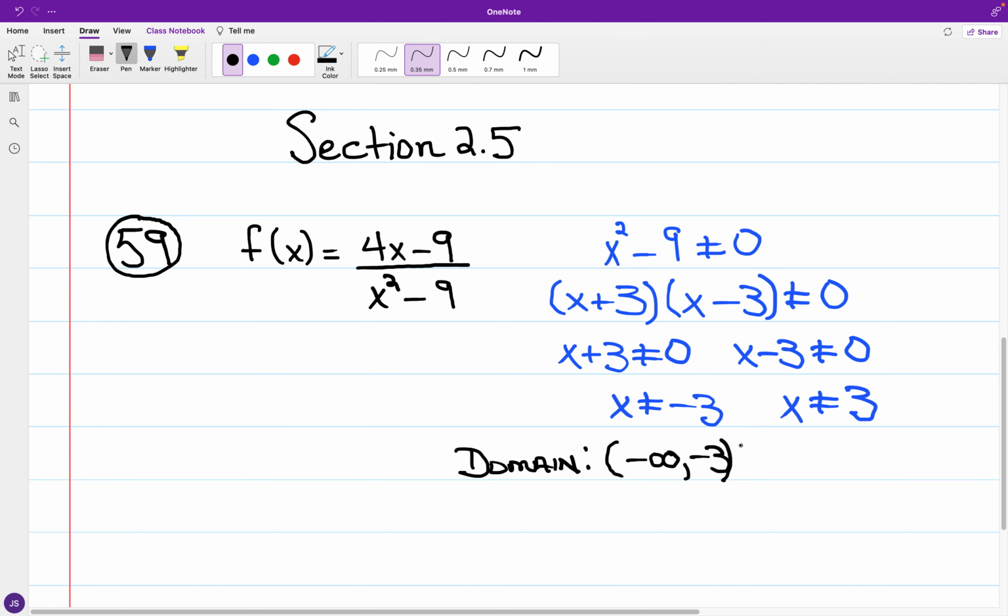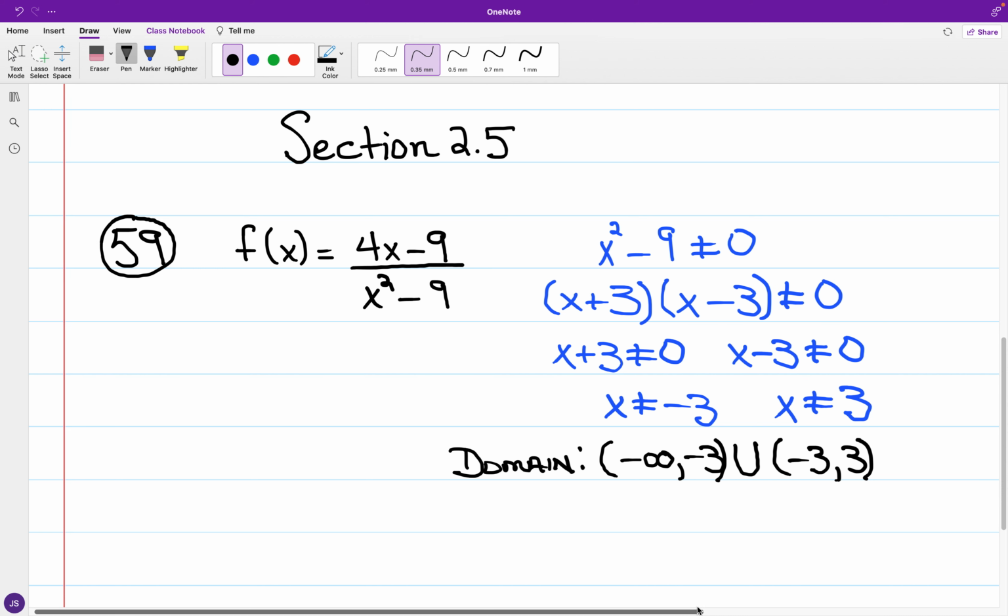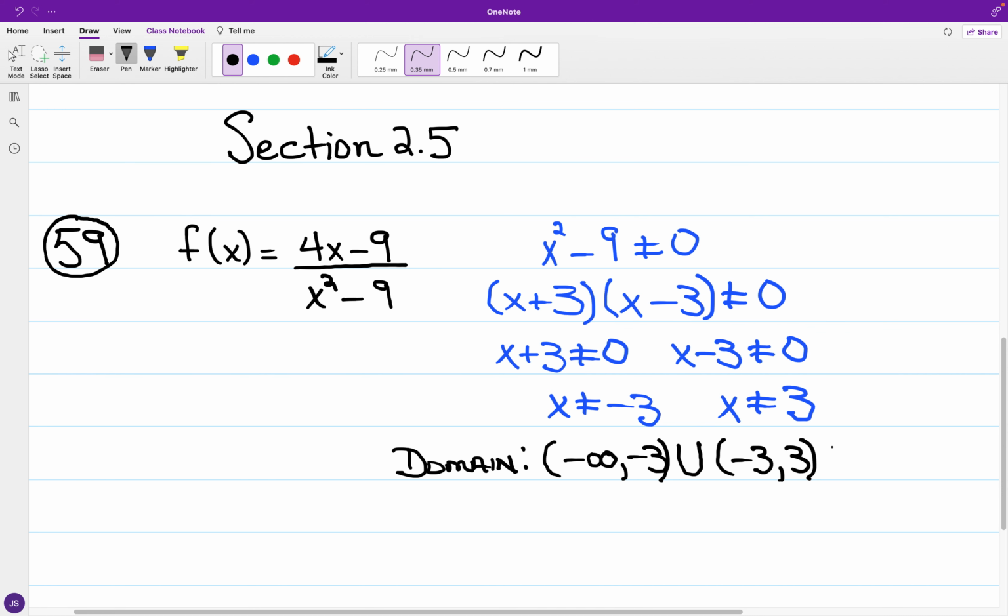After bypassing negative 3, you have the next set of values, those values of x such that negative 3 is less than x is less than 3. And for the rest of the domain, you have those values of x which will be greater than 3.